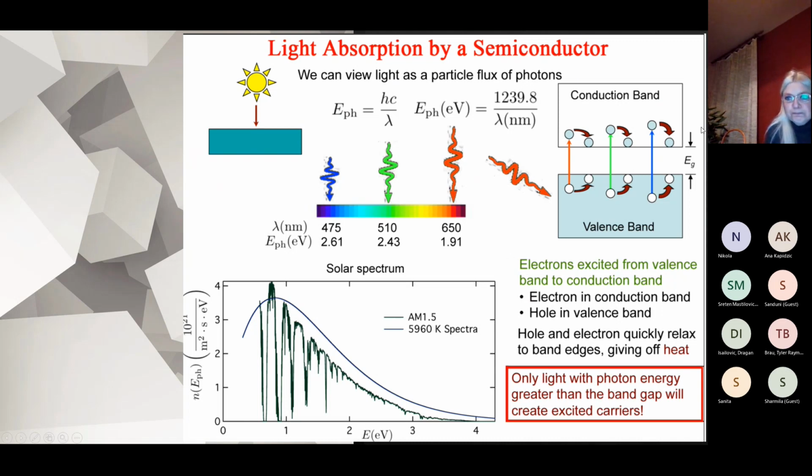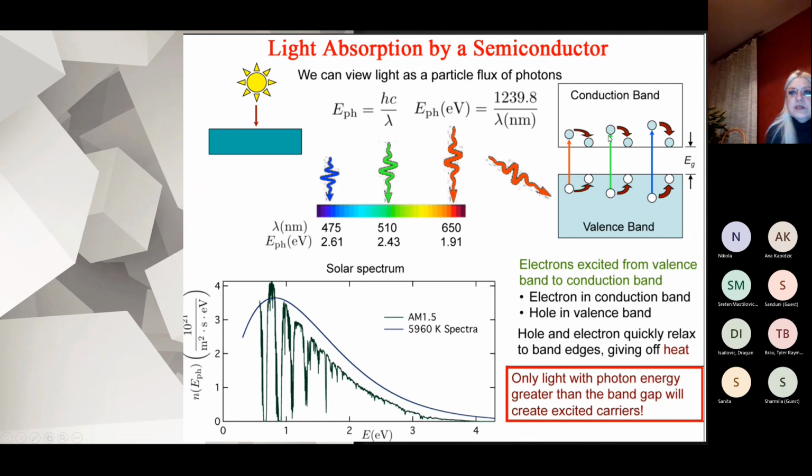And here you can see that if we use photons with three different energies, for instance the blue photons, they will excite electrons from the valence band to the conduction band. Here the difference in energy between electrons and holes is exactly the same as the energy of this photon, and it will be the same story.